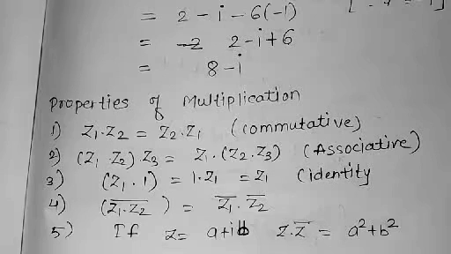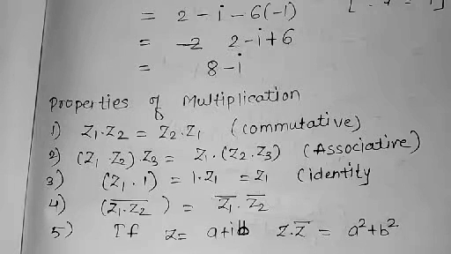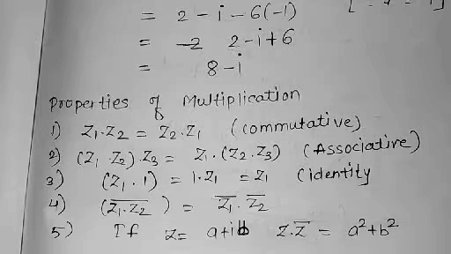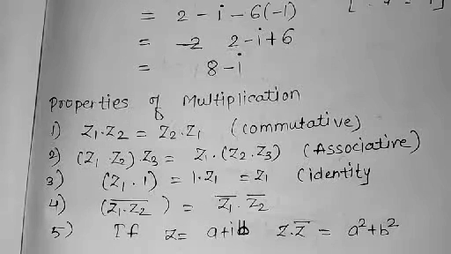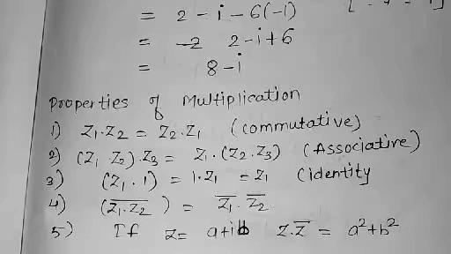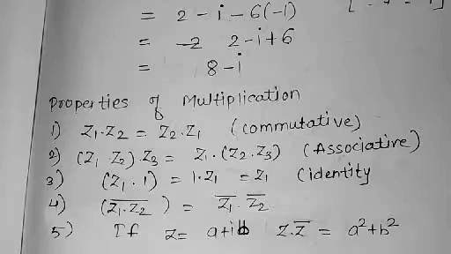Now we will go for properties of multiplication. The properties of multiplication are the same as the properties of addition, only here we change the sign, that is instead of addition we take multiplication. So the first property is, for any two complex numbers z1 and z2, z1 into z2 is equal to z2 into z1.